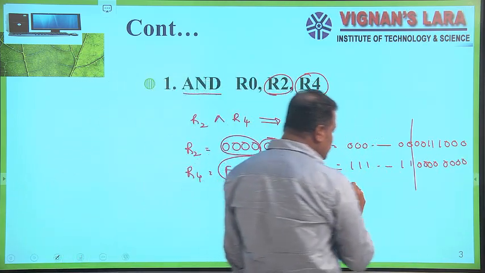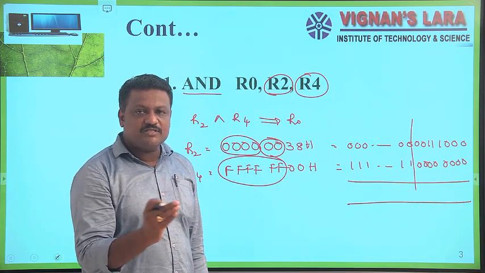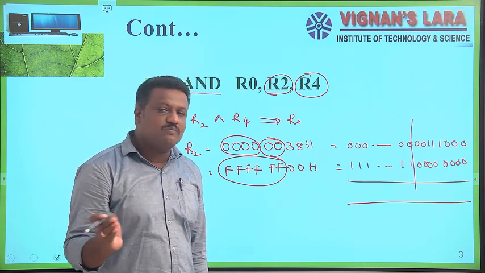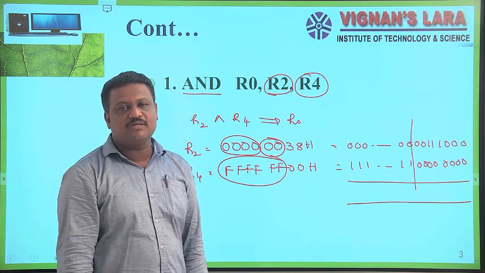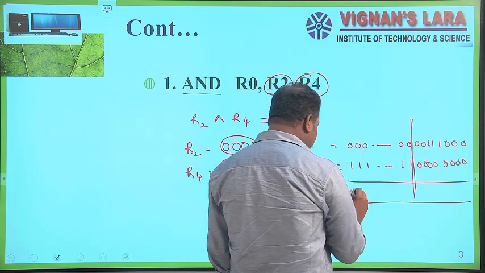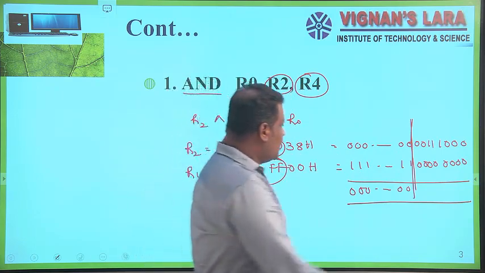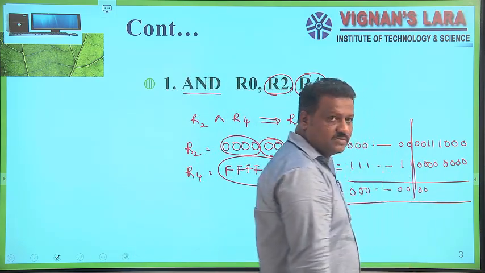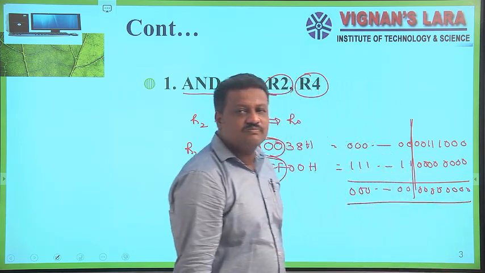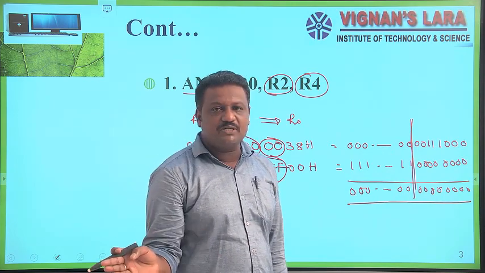Now do bitwise logical AND between these two numbers. Just remember, friends, in a logical AND operation, if both inputs are 1 and 1, then only the output is 1.